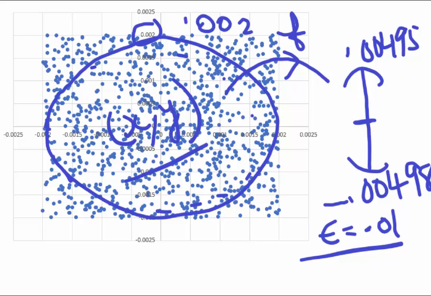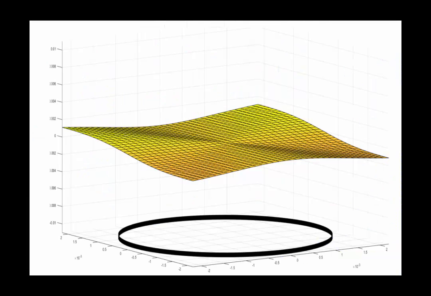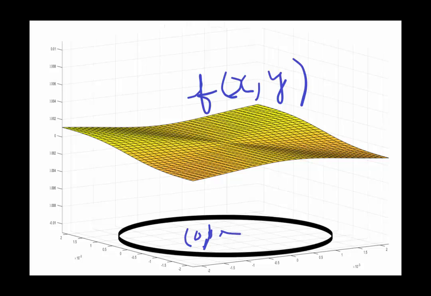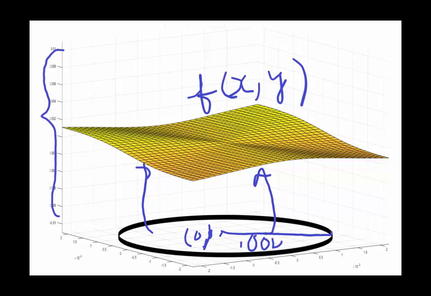Okay, here is a graph that I made for you in Matlab. This is our f(x,y), the surface. Here we have 0, 0, and the radius is 0.002. And if you look at the images of all these points, they are well within 0.01 from the limit that was supposed to be 0.